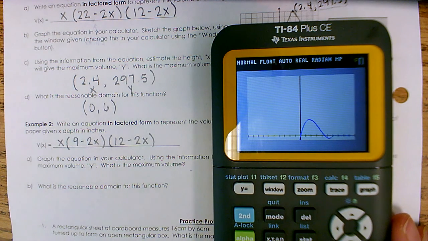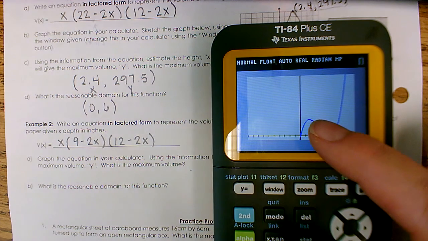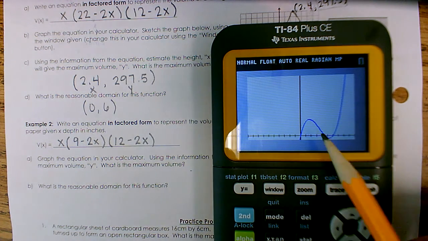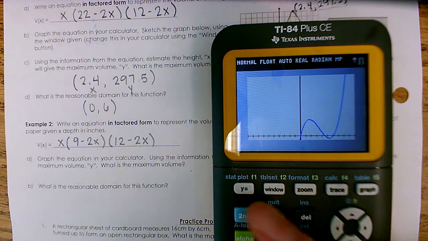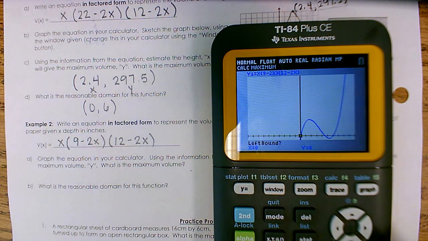Our graph is looking like this, so we don't need it as tall, but our maximum height, we're looking at the relative maximum, not the absolute maximum. So if we go to second trace, we're looking at the maximum.